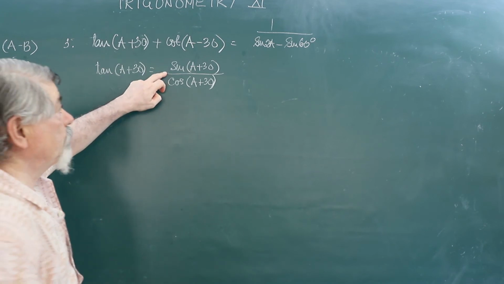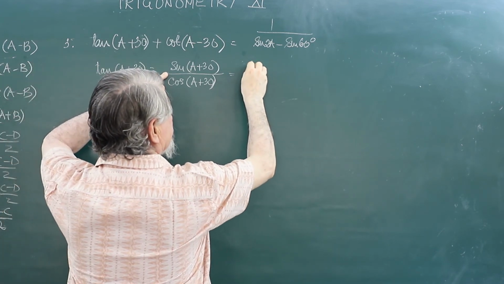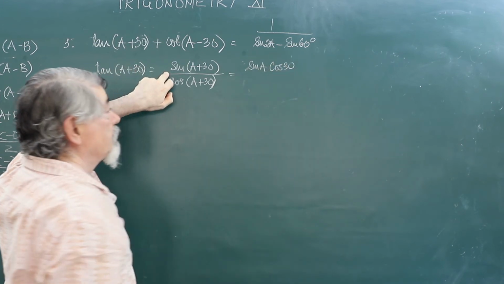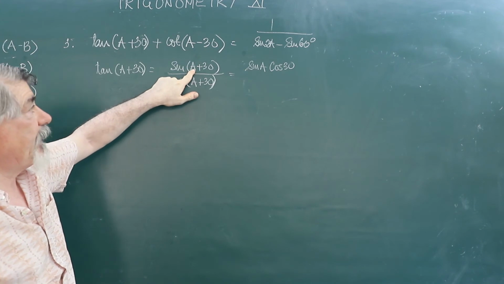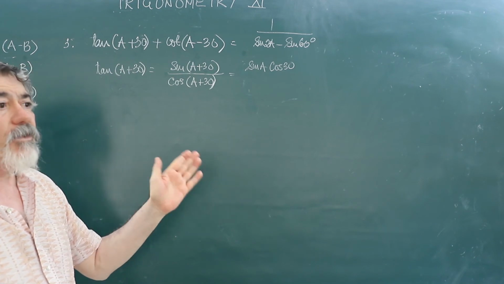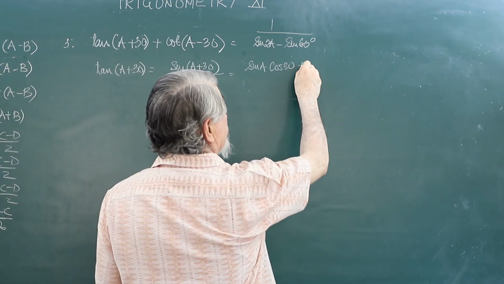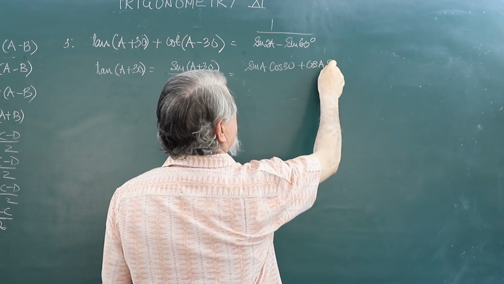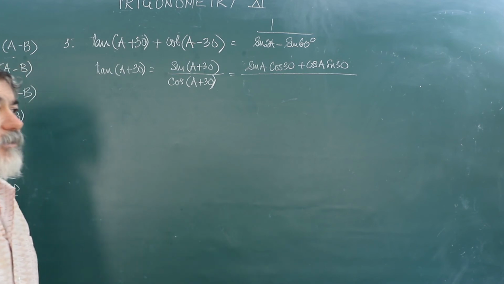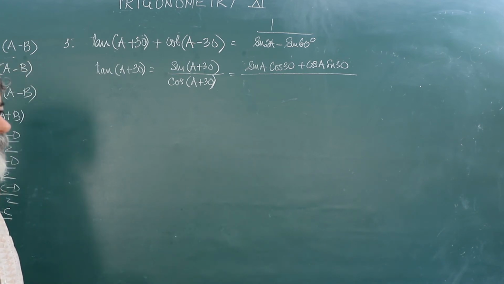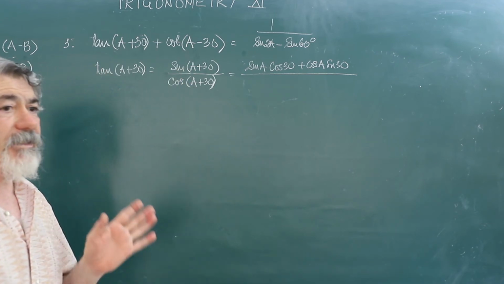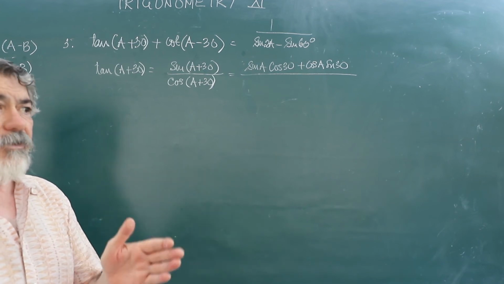Sine A plus B is sine A cos B plus cos A sine B. So in place of A I have A, in place of B I have 30. So sine A plus B means sine A cos B plus cos A sine B, upon again cos A plus B. Cos A plus B is cos A cos B minus sine A sine B. You remember, in sine A plus B, sine and cos terms come.